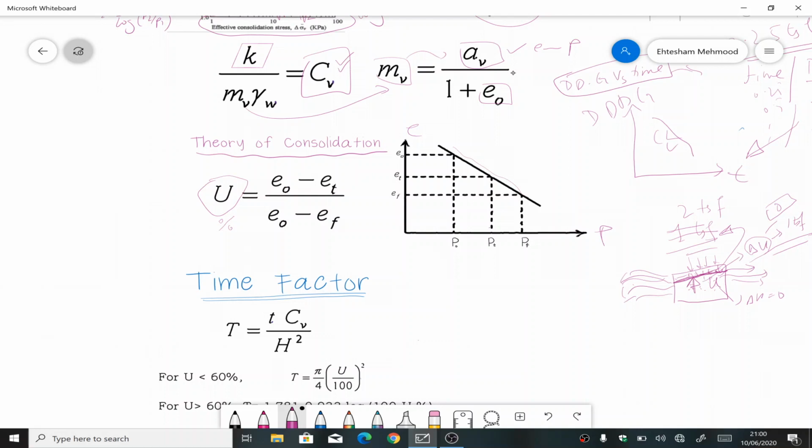For one particular load, once all the pressure has been dissipated and delta U becomes 0, we say that 100% consolidation has occurred in the soil specimen under a load of, let's say, 1 TSF, or whatever load is acting on the soil specimen.